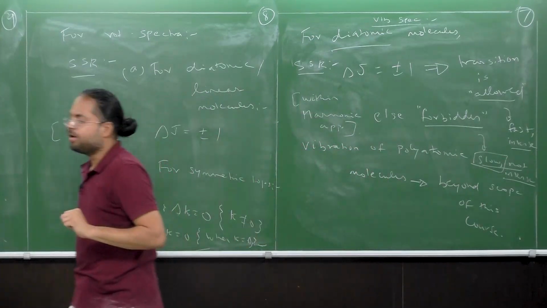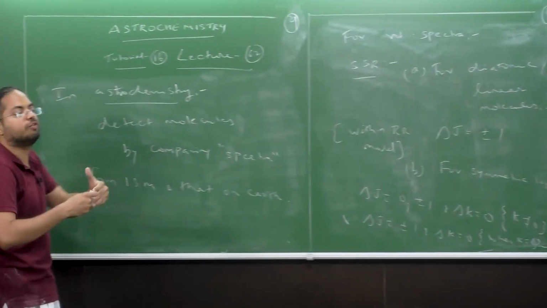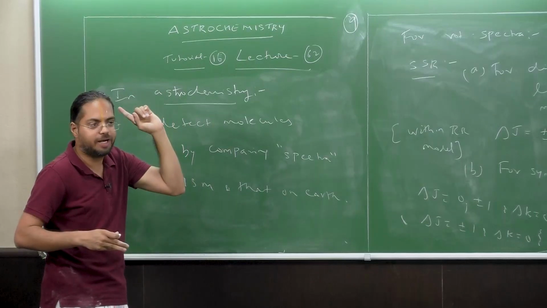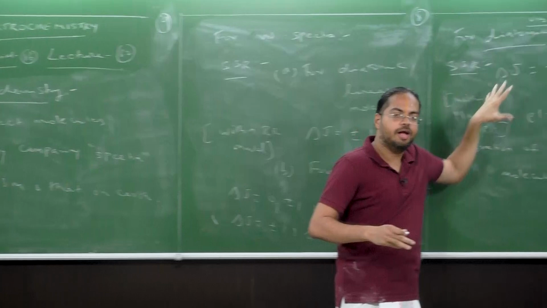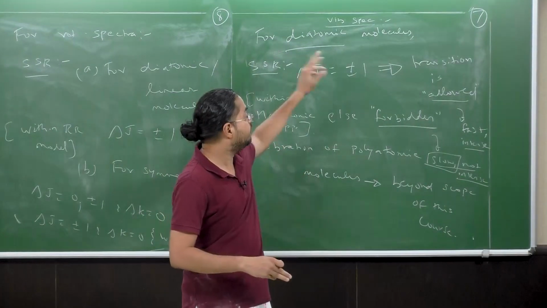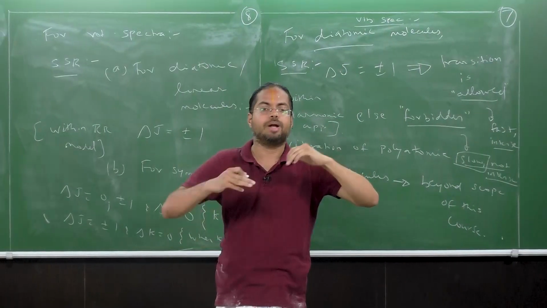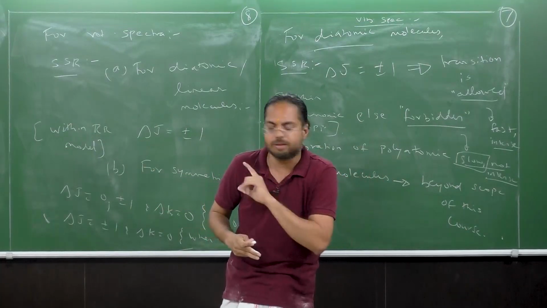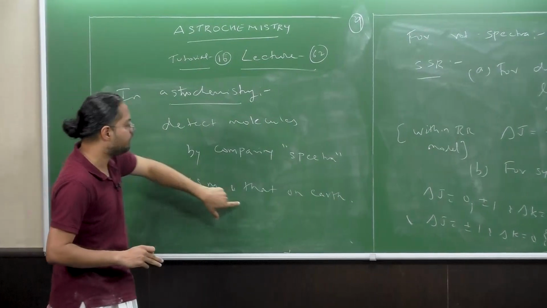So the fact that some forbidden transitions are not at all forbidden in the ISM can lead to some discrepancies in our understanding of certain signals. That is why one should be aware of the selection rules when actually detecting a molecule in space. You understand what I'm saying? So we detect molecules by comparing spectra from the ISM and on Earth.